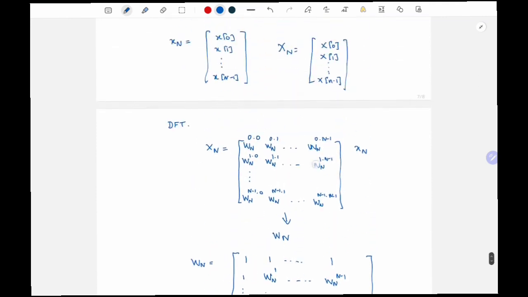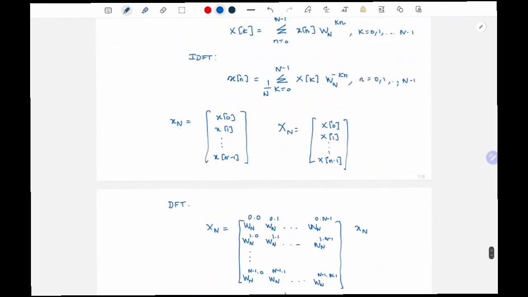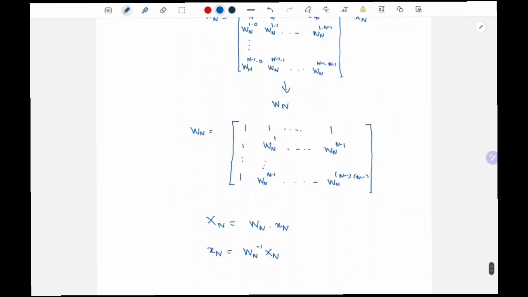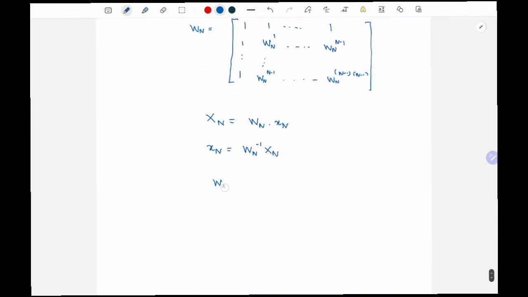But if you compare x of n with capital X of k, it is nothing but my IDFT. And how are my W_N's related? I have 1 by N extra factor and my W_N is like minus kn, so I have to just do a conjugate. So my W_N inverse has a factor of 1 by N and I should do a conjugate.